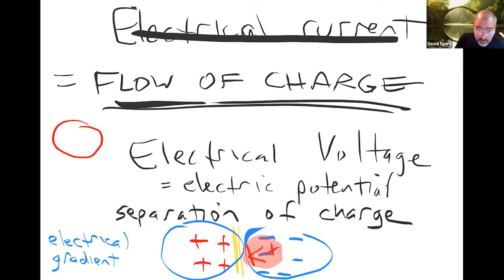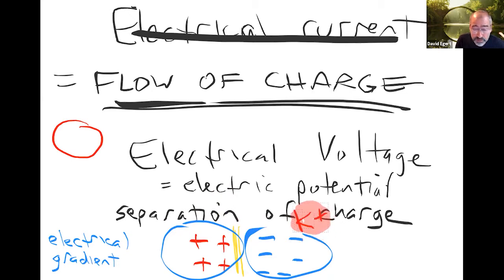If I put it around here, which side of this boundary is it going to get pulled to? Negative. Exactly, opposites attract. So this electrical voltage, this electric potential, means if I take a cation like potassium and put it in here, it's going to get pushed away from this side and pulled over to this side.